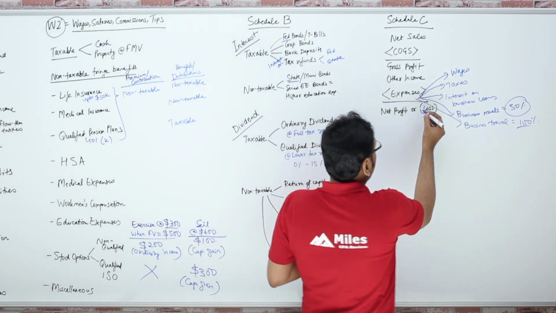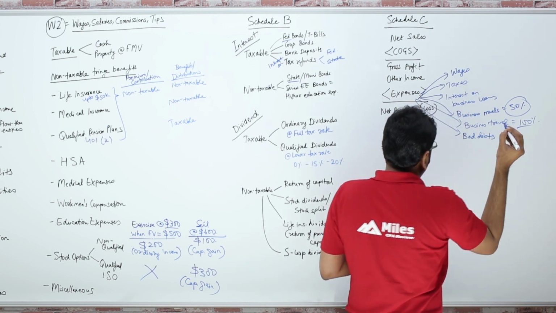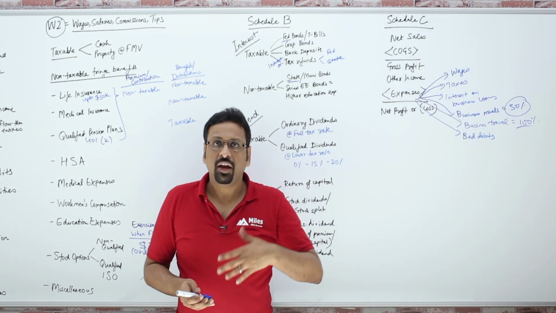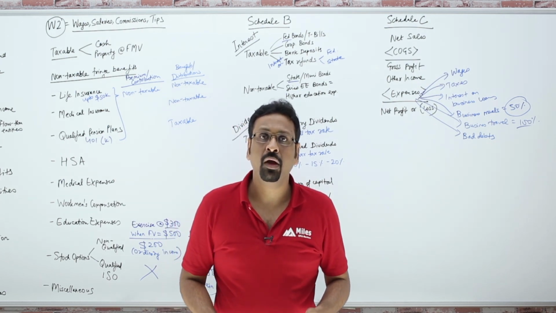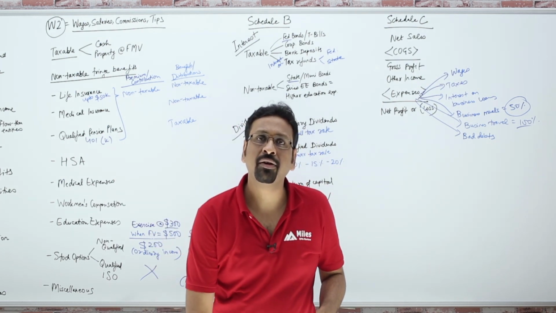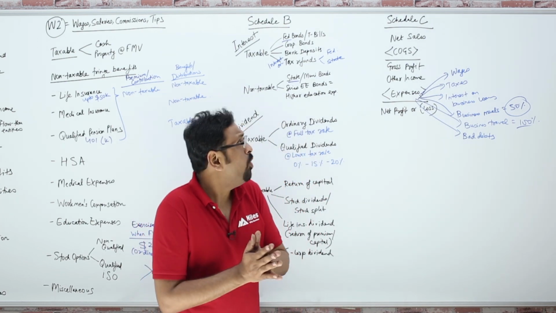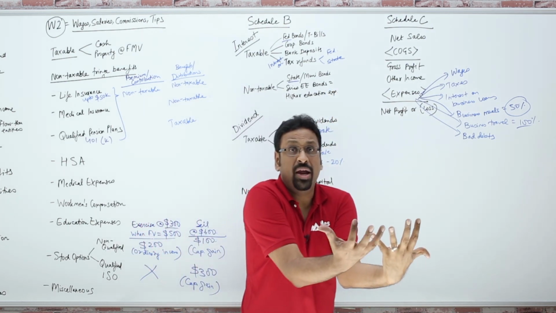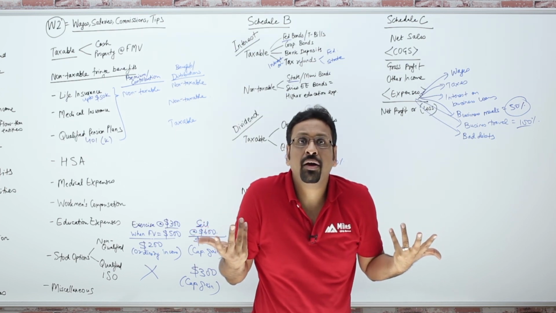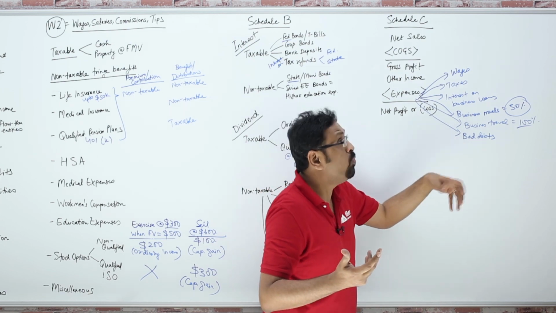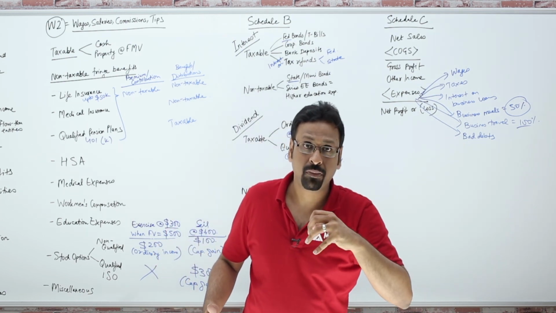Let's talk about bad debts. Now, a question for you. If you are a sole proprietor and a cash basis taxpayer, can you have a bad debt? Think about it. A cash basis taxpayer would recognize income only when he receives the money. So there's no question of bad debt. So bad debt expense would only be if you're an accrual basis taxpayer.